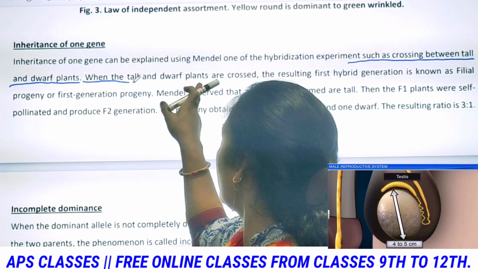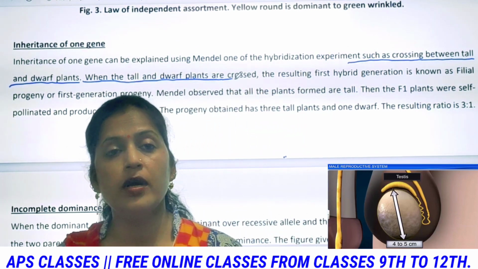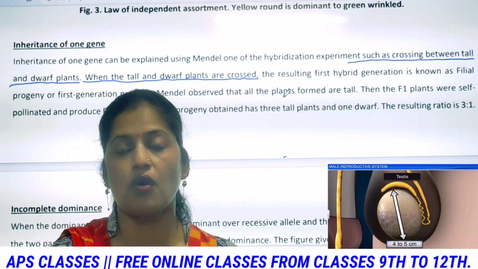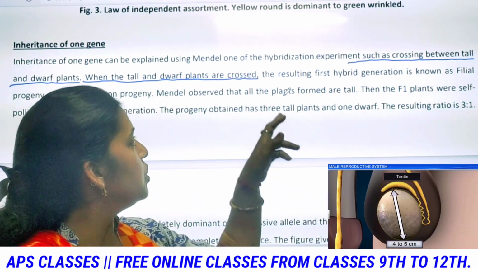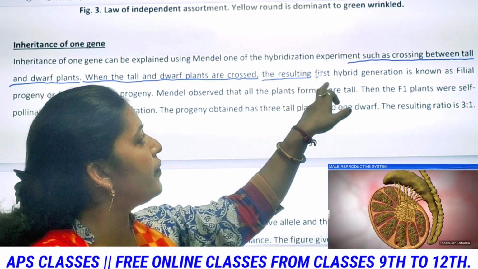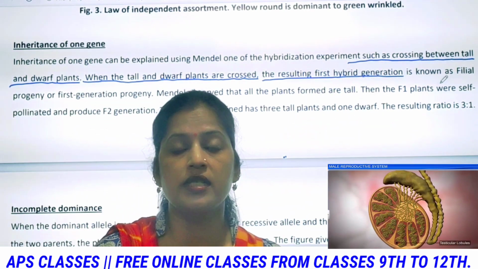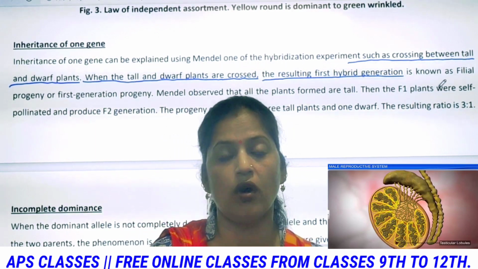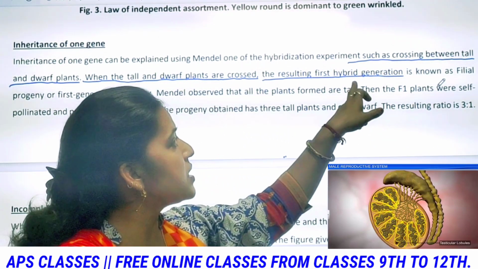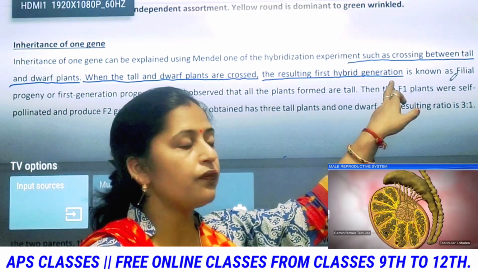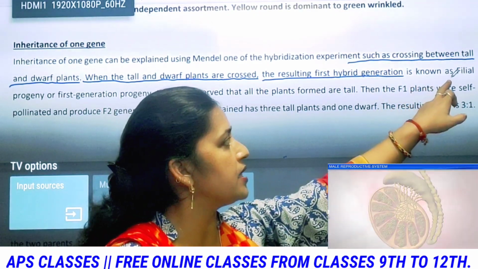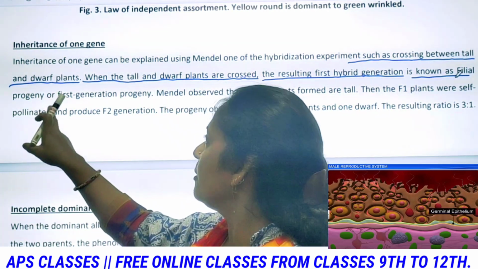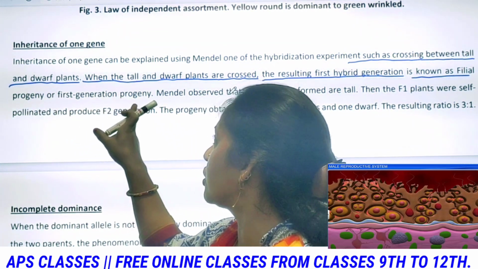When the tall and the dwarf plants are crossed, the resulting first hybrid generation is known as the filial progeny, or the first generation progeny.